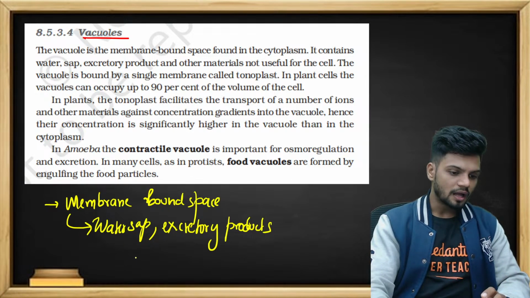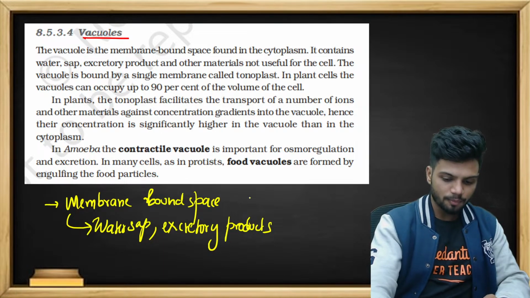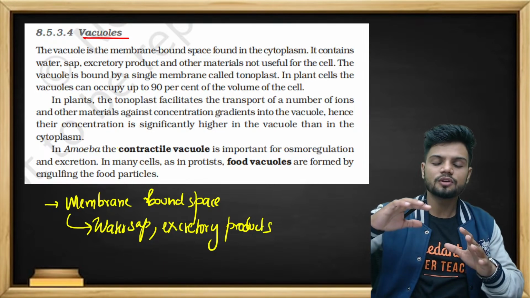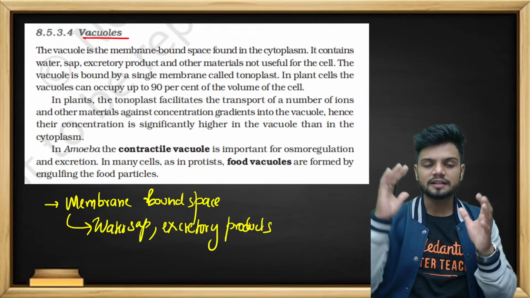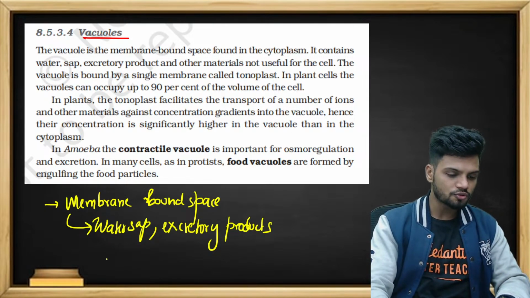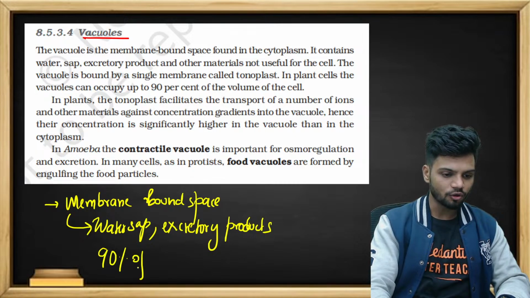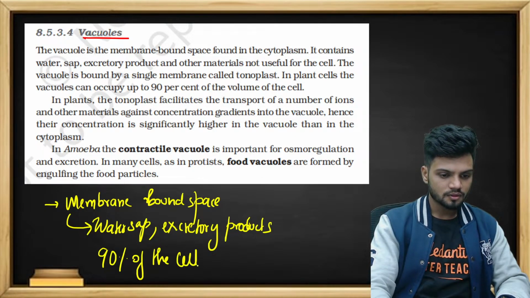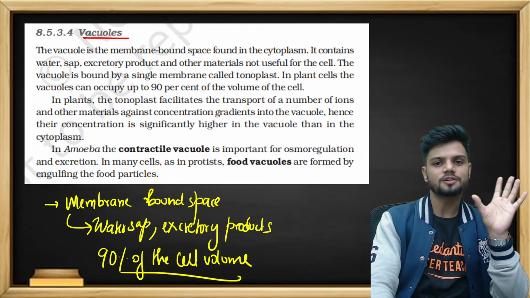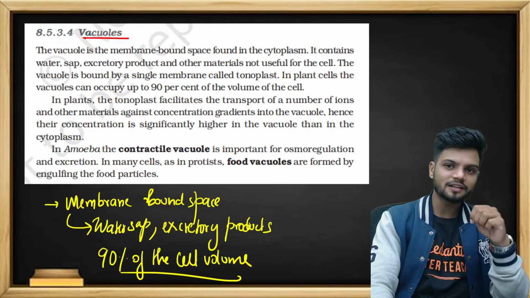And students, remember, in the case of plant cell, the central vacuole is extremely large. It almost covers 90% of the cell volume. That big the vacuole is, very big, because the plant has a lot of waste.